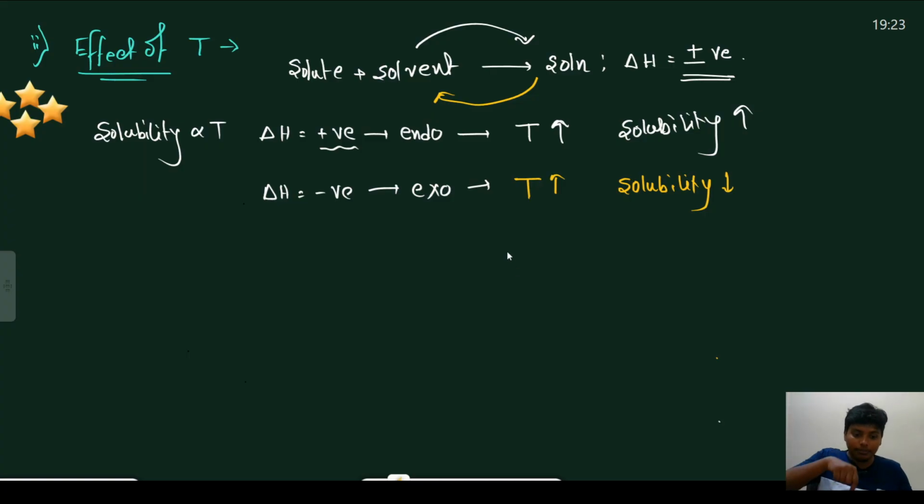If you mix salt in water and heat it, it will automatically solubilize. If it is not soluble, it becomes a saturated solution, and if you heat it, after that it will solubilize. But if you add NaOH, it will not solubilize.